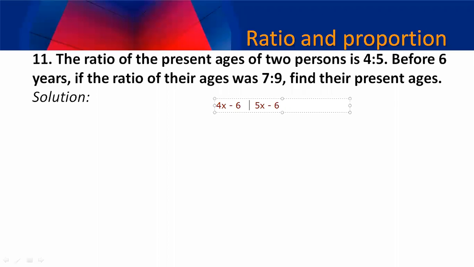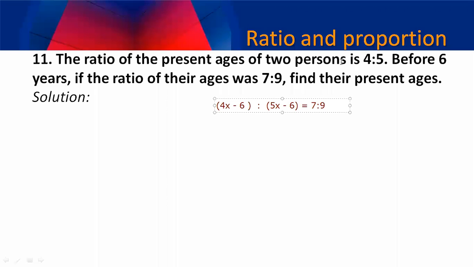That means the ratio of their ages 6 years ago, what was the ratio? Check it in the question. 7:9. This is our condition from the second sentence.